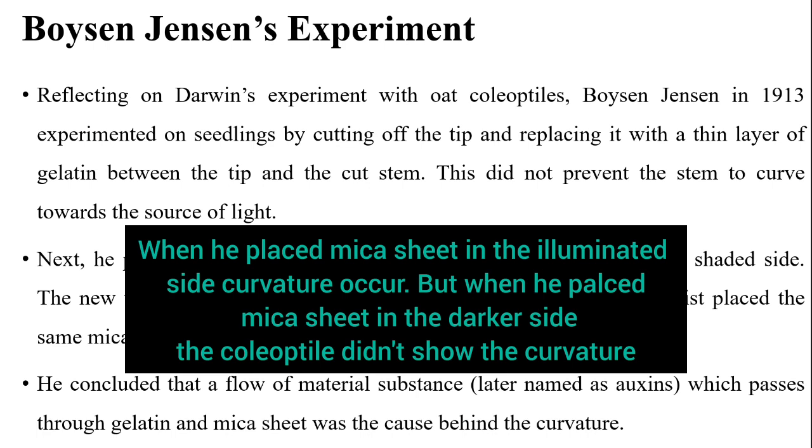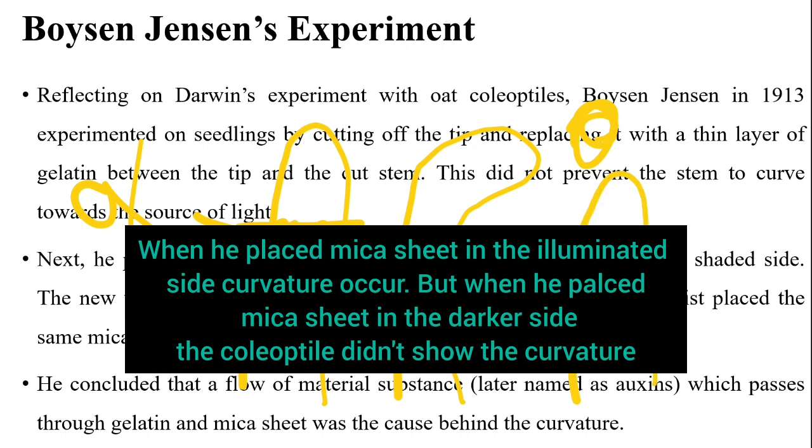That means at first he cut the coleoptile and placed a gelatin. Through gelatin, that chemical can pass, and he observed the bending towards the light source. Later on he placed a mica sheet through which the auxin or any chemical cannot pass.